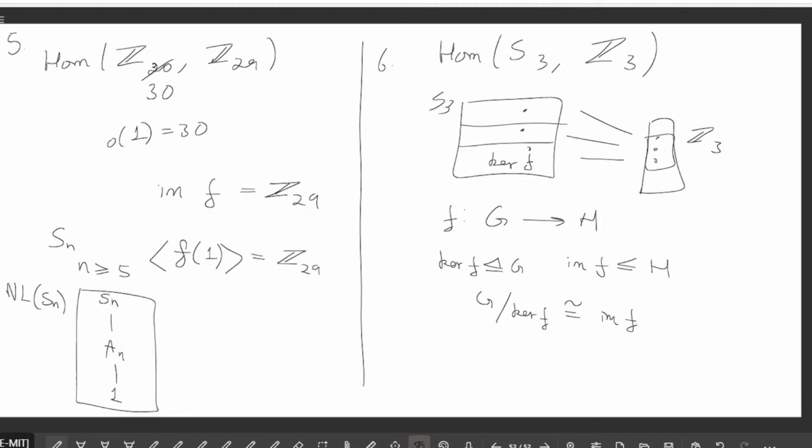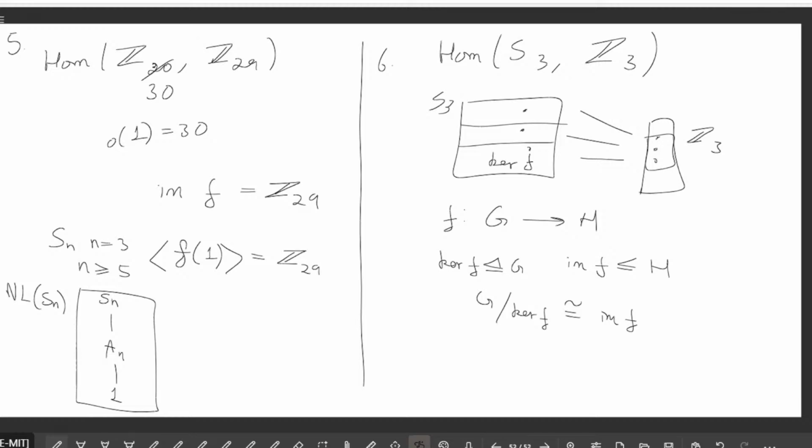For n equal to 3 also it is true. For n equal to 4 you get one more: one Klein 4 group as a normal subgroup. But that is the only exception.